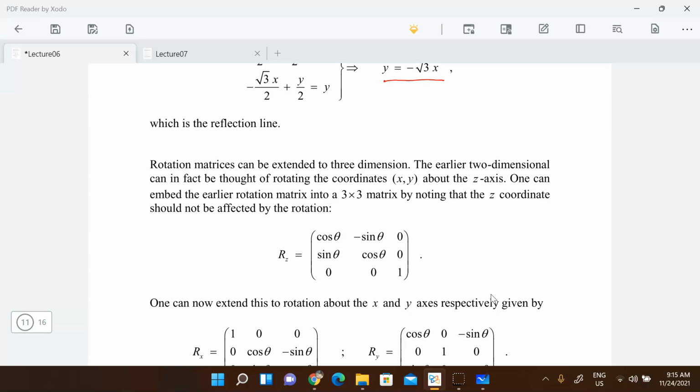Thinking back to the 2-dimensional case, you have this rotation over here. Where is the rotation axis? The rotation axis is a line coming out of the piece of paper. In other words, you have a z-axis somewhere, pointing out.